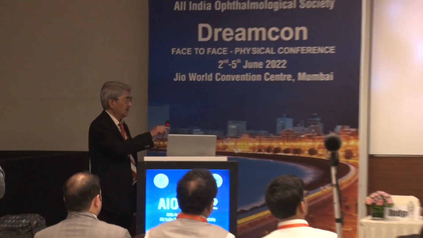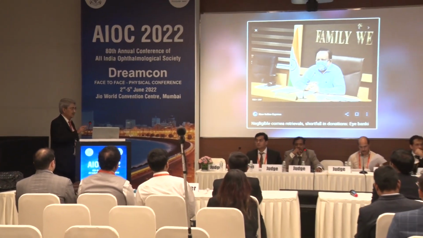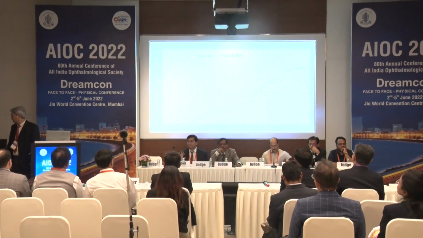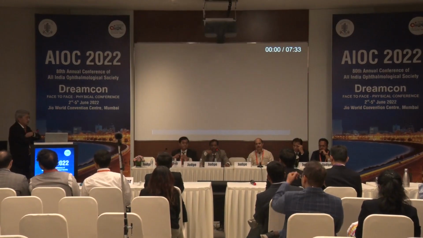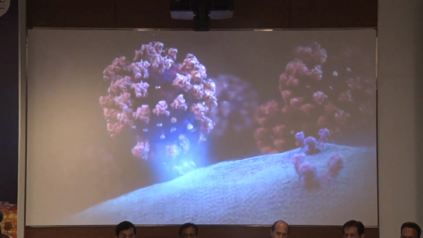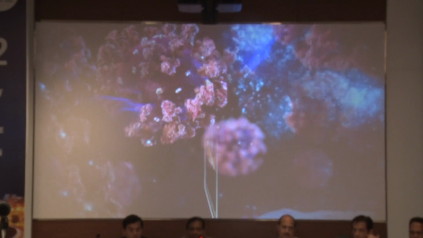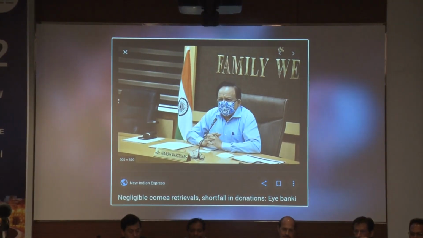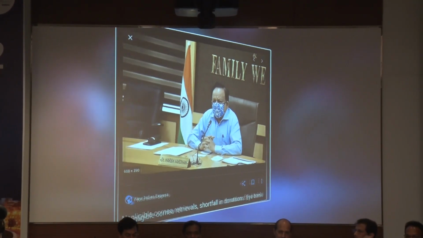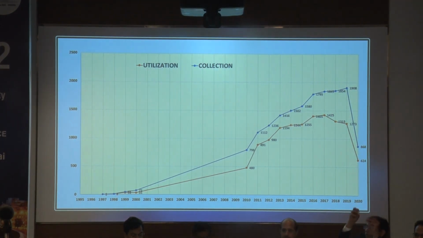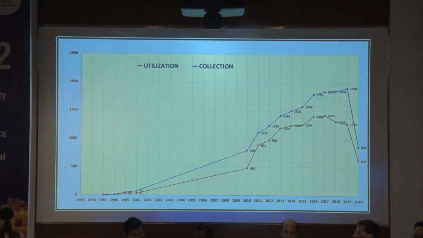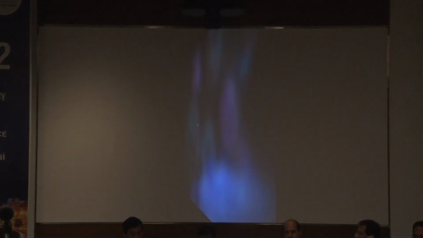Stricter donor selection criteria have reduced the overall donor pool by 40 to 70% in different eye banks globally, including our own. The COVID-19 pandemic has affected all areas of medicine, including eye banking. However, the demand for keratoplasty remains the same.